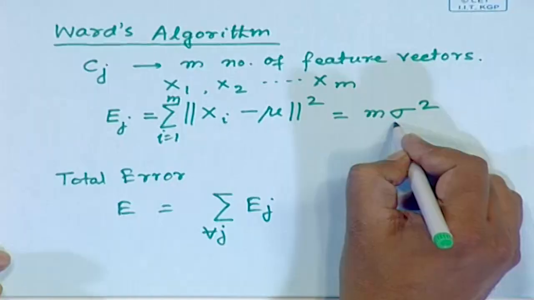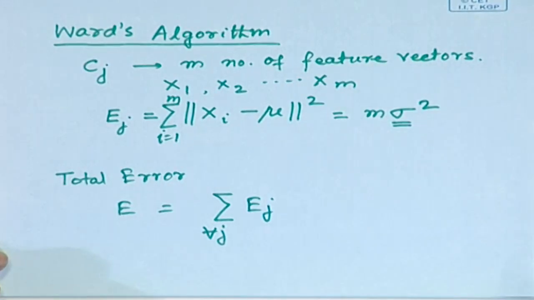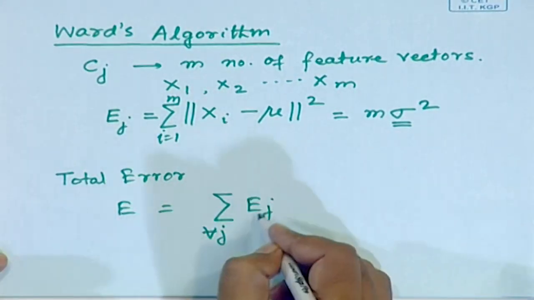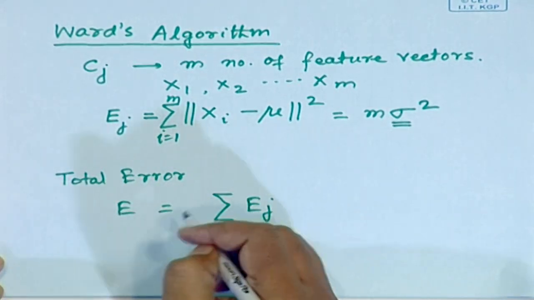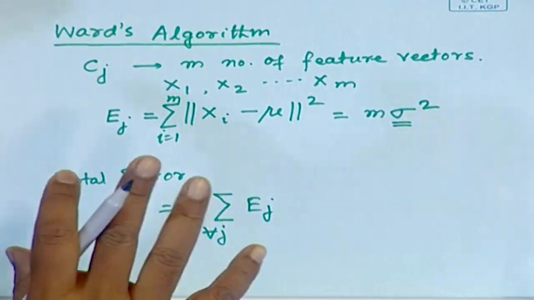So, Ward's algorithm, which tries to minimize the variance of individual clusters, also tries to minimize the total error of clustering. This ensures that every cluster will be quite compact, because only for a compact cluster will the error within the cluster be minimum.